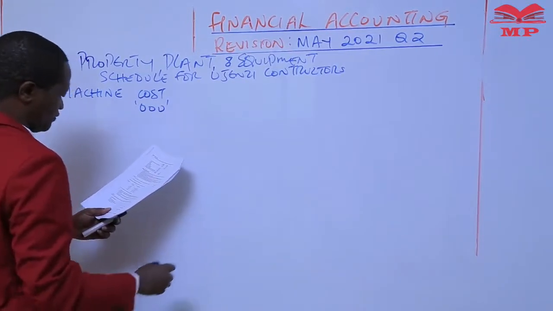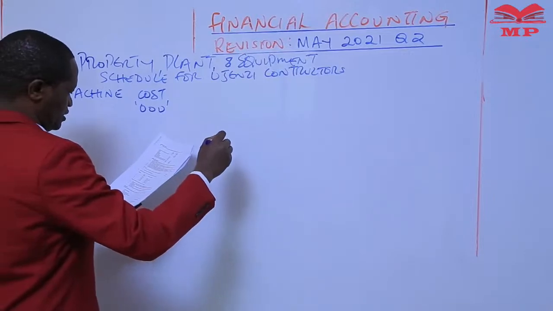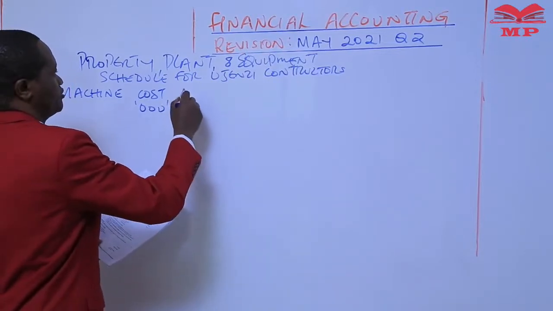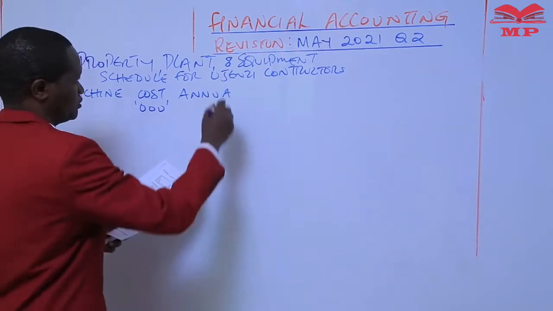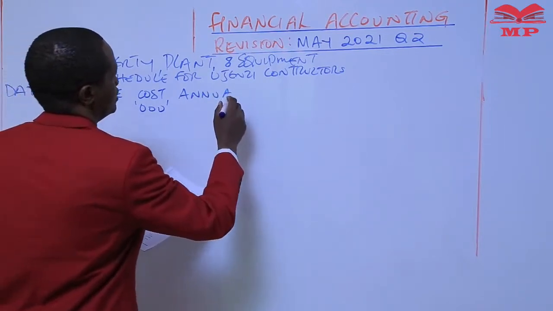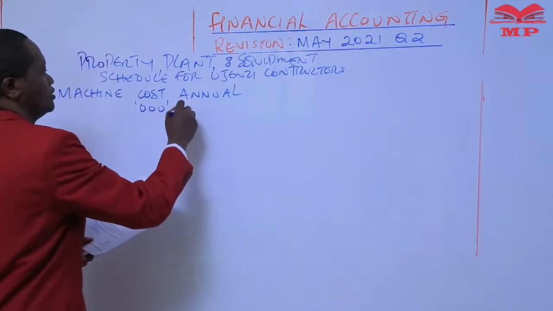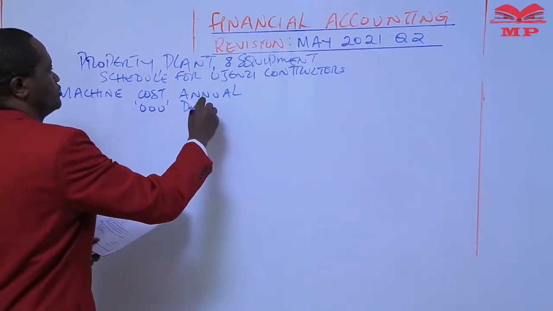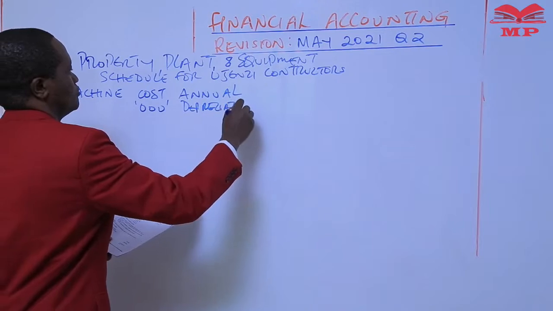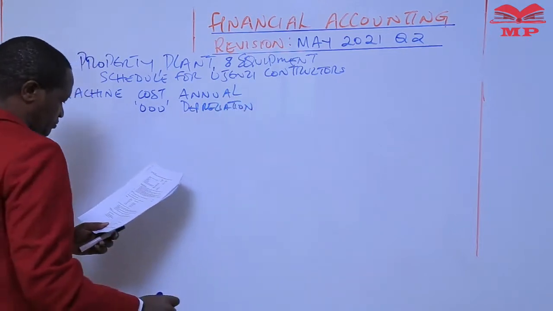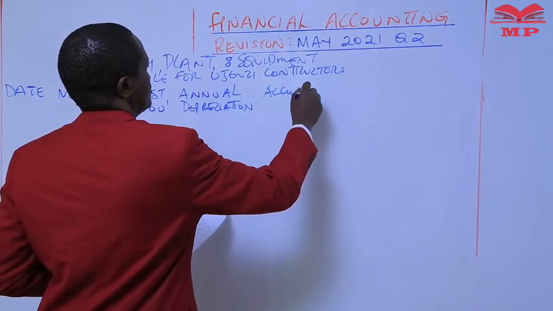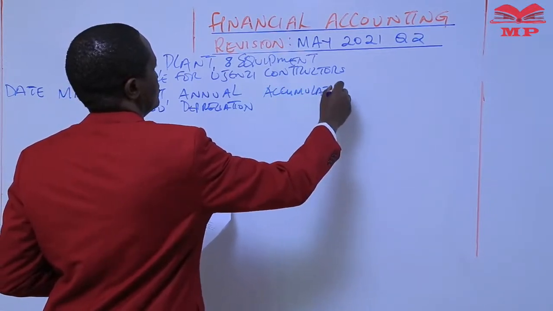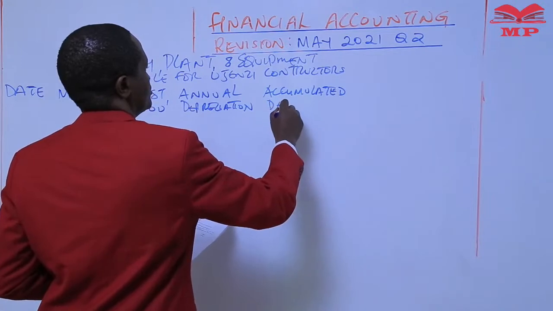Then we are going to have the annual depreciation, another column is the accumulated depreciation.